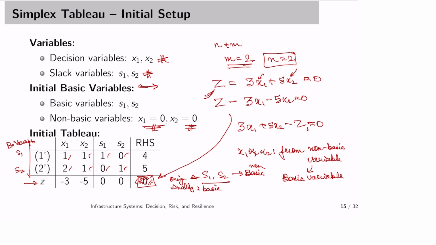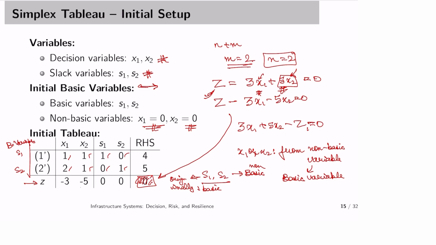And it is very clear that if I increase x2 by 1 unit, I am going to increase my objective function by 5. If I increase x1 by 1 unit, I am going to increase my objective function by 3, and I can only increase one at a time. So organically, I should select a variable which has a higher coefficient if I am looking at a maximization problem.